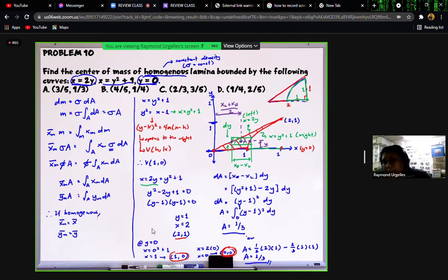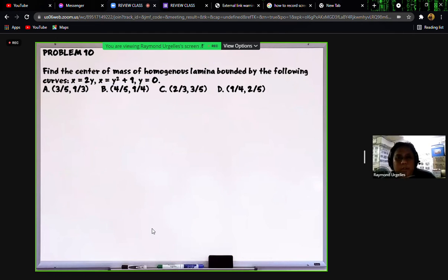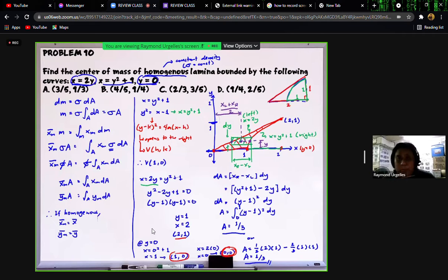You will get that the area is equal to 1/3. Again, this is without integration, so we can also solve this without integration. Any questions about this?